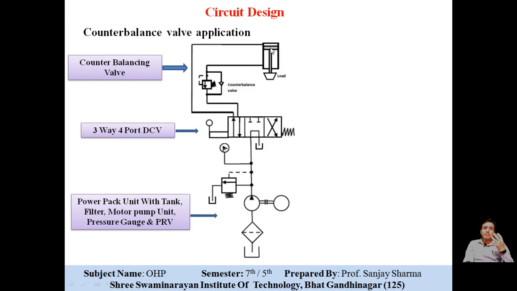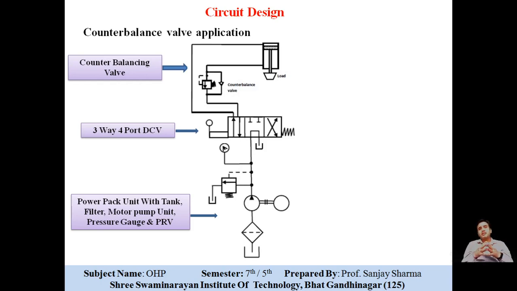Sometimes because of the gravity, some leakages slowly take place, but that should be counterbalanced by this counterbalancing valve. So this type of circuit is taken into consideration where the actuator is in vertical position, where the work should be lifted against the gravity. So this is the entire construction of the circuit.